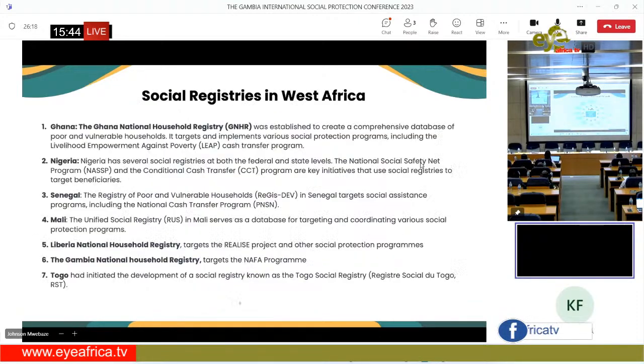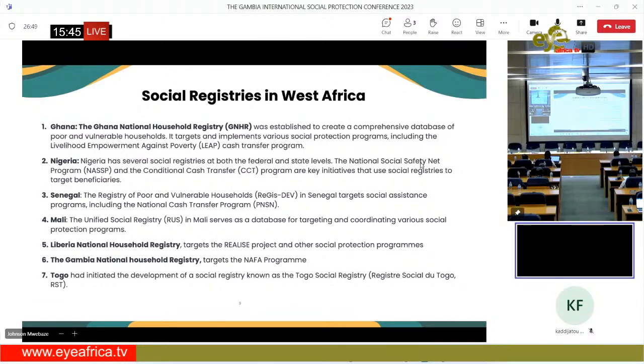So in West Africa, we have a couple of registries that have been developed. I think one of them is the Ghana GNHR. Most of us know Ghana and the GNHR. Nigeria also has a social registry, at both the federal and state levels. It supports the National Safety Net Program, and also the Conditional Cash Transfer Program is one of the key big users of the registry. Senegal also has one.